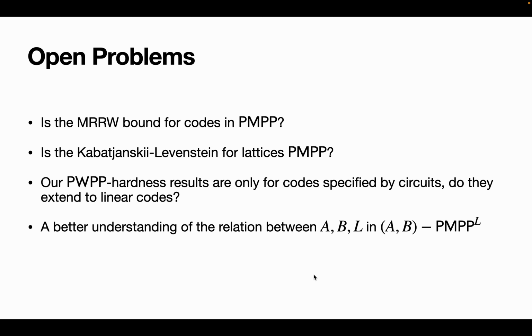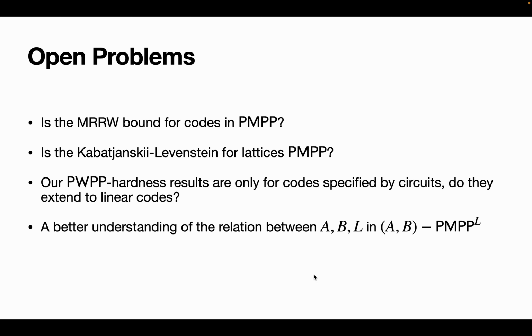And finally, I'll leave you with some open problems. The problem that excites me most is where exactly we should put the MRR-W bound. The MRR-W bound is the best rate-distance trade-off for codes that's known. It's rather advanced and proved using Fourier analysis, and therefore it seems hard to put it into PMPP, which is characterized by a multi-collision pigeonhole principle.